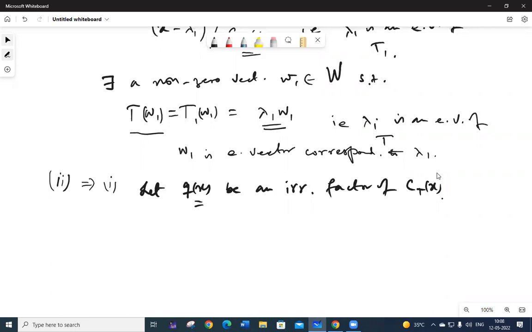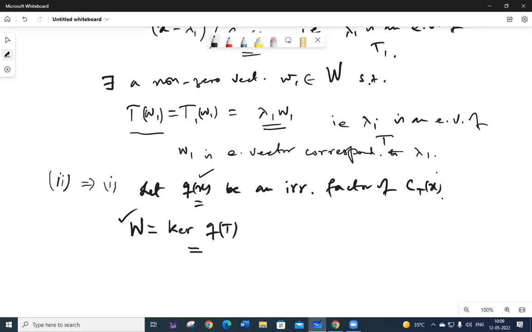Okay. So we consider now a subspace W, which is exactly kernel of QT. Now, primary decomposition theorem says that if this is an irreducible factor of CTX, this would be certainly occurring in the MTX also. So therefore, this kernel, which is in the decomposition of V, would be non-zero.